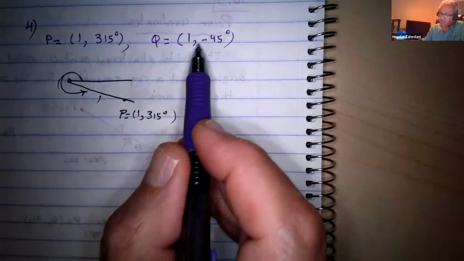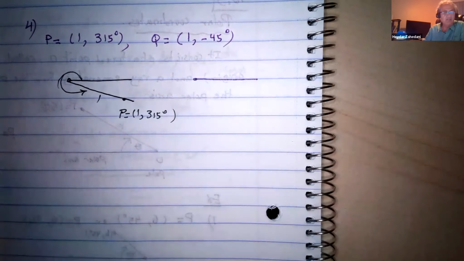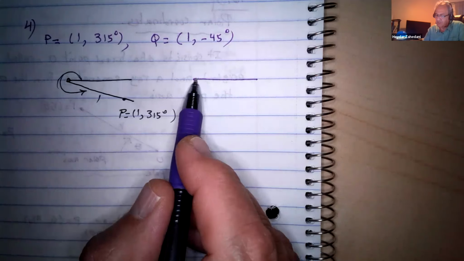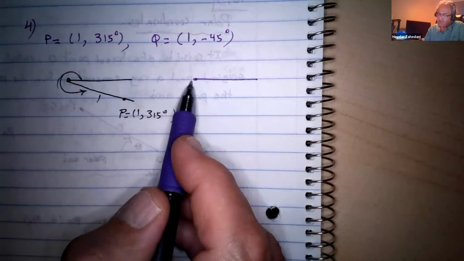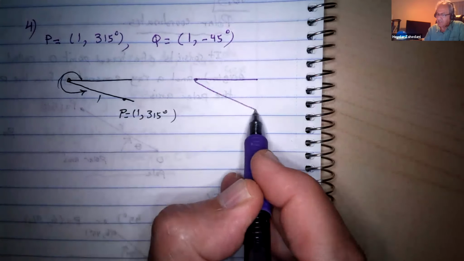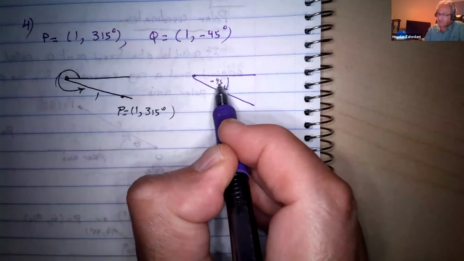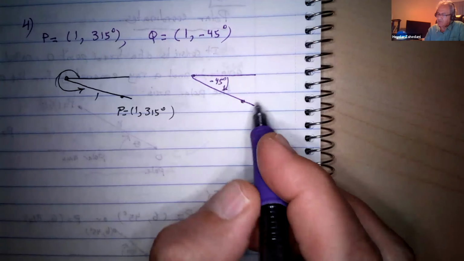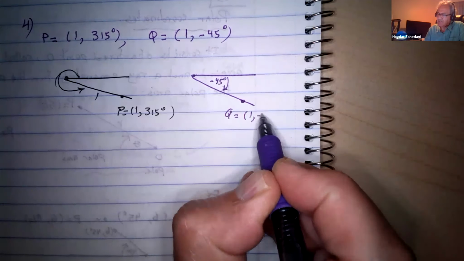Now, what's going to be the other one? Negative 45: you pick the angle and go in this direction. If we go up in that direction, the angle would be positive; the other one would be negative. So you pick the angle in this direction, which is negative 45, and then you identify the 1. That gives you exactly the same point.